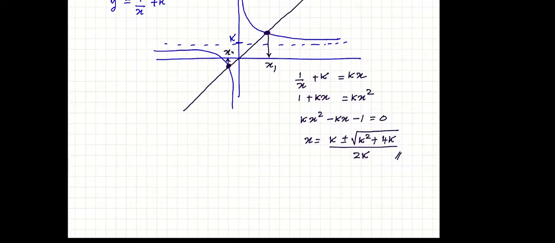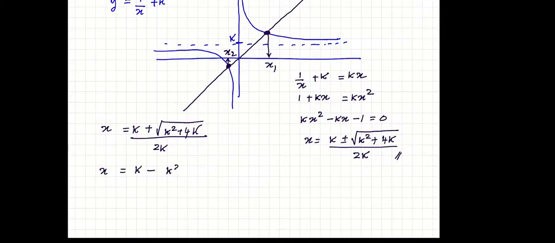x1 and x2, right? So you can see from the picture. So of course you have two answers. First one would be the plus value over 2k. Second answer would be the minus value. Okay, so this is going to be x1, this is going to be x2.